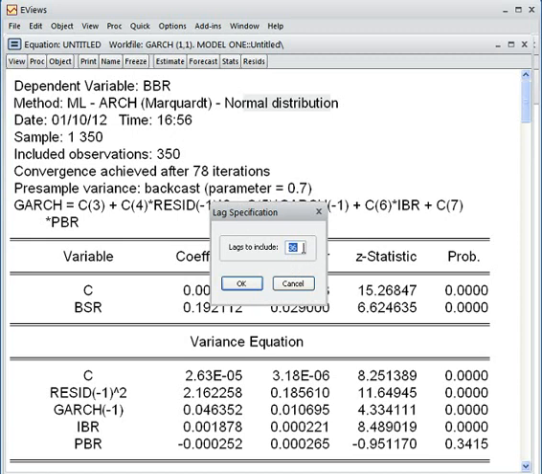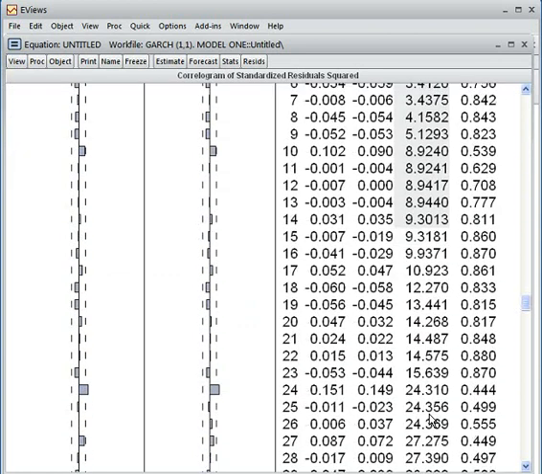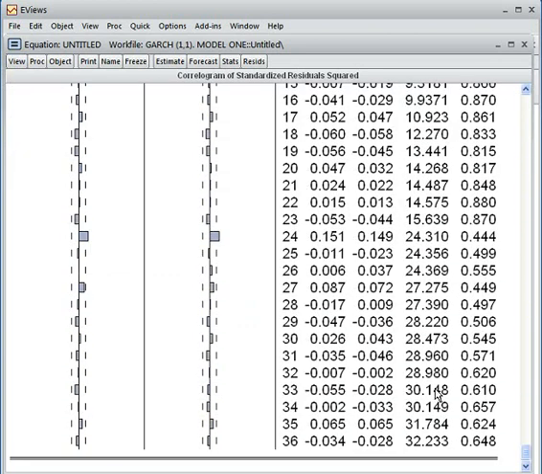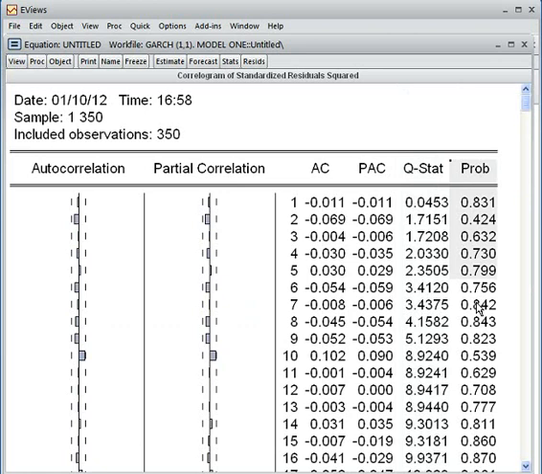Suppose we choose 36 lags. Here are the Q-statistics, Q-statistics at 36 lags and the corresponding p-values.